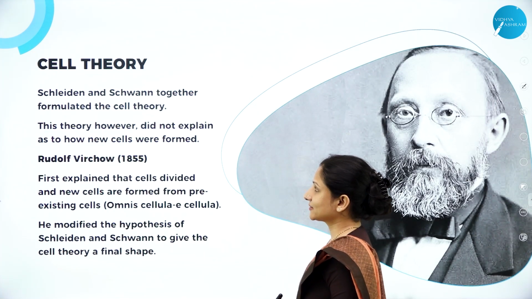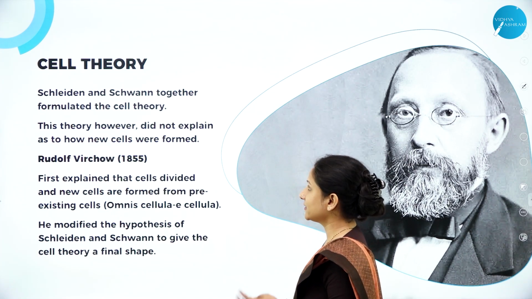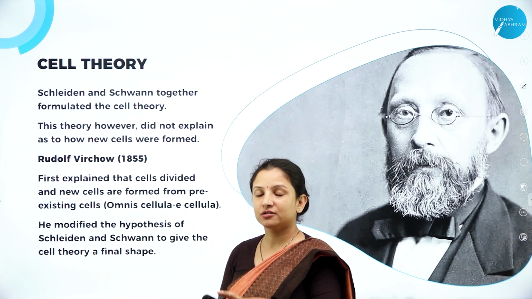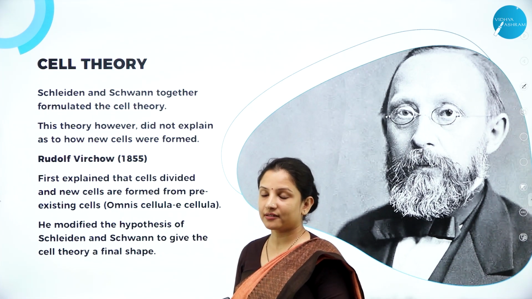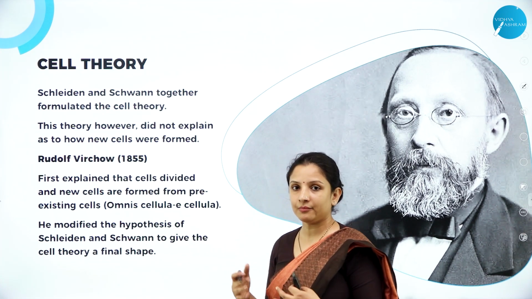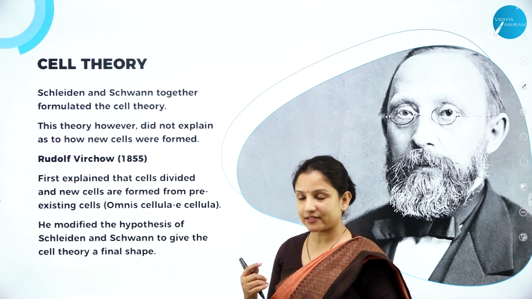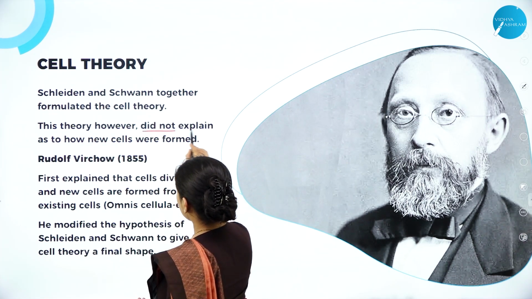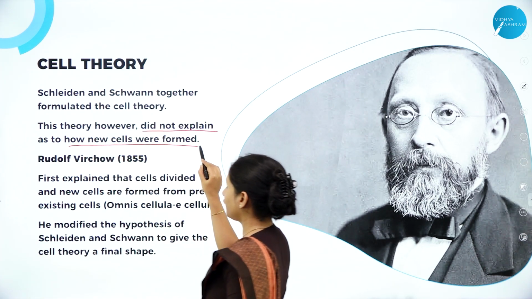Next are Schleiden and Schwann, two scientists. Together, based on all their hypotheses and findings, they put together the cell theory. Let us look into what the cell theory says. The cell theory actually did not explain how new cells were formed.